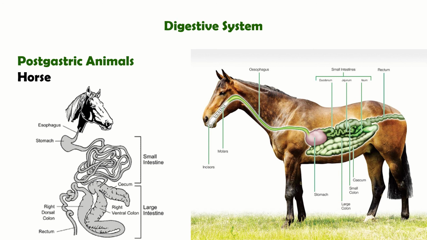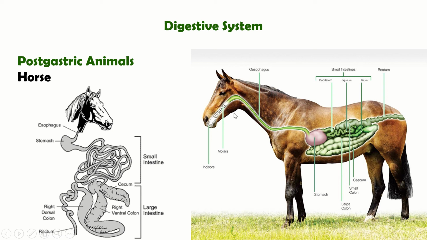Okay? So, the last digestive system is the digestive system of postgastric. So, dito sa example natin, ang example ko ay horse. Okay. So, the digestive system of horse is also the same as the digestive system of monogastric. Same lang din siya, basic.